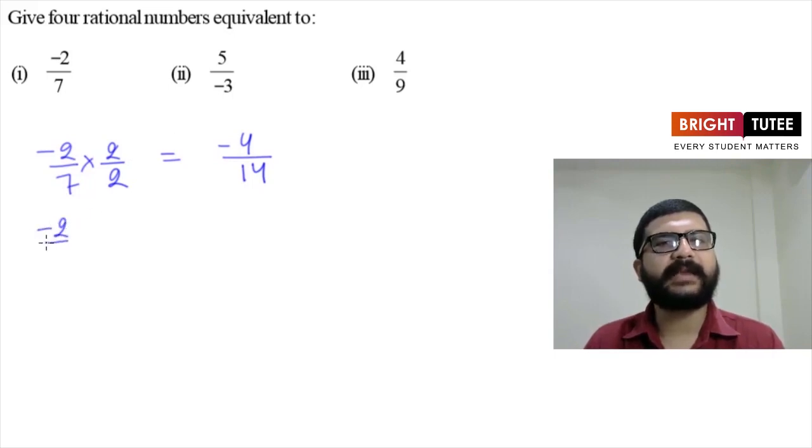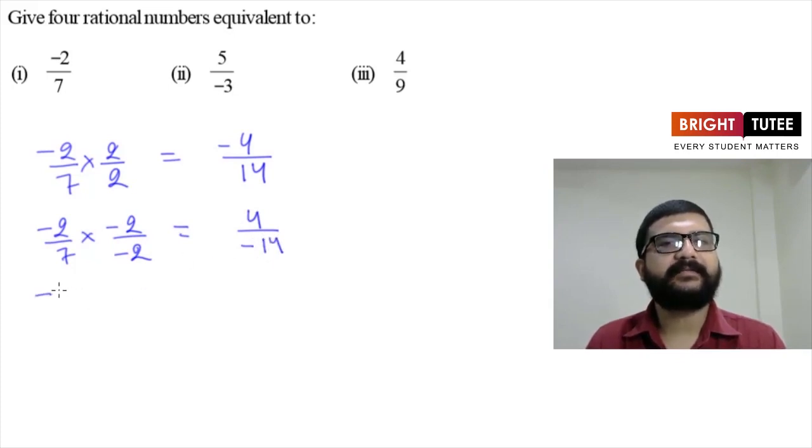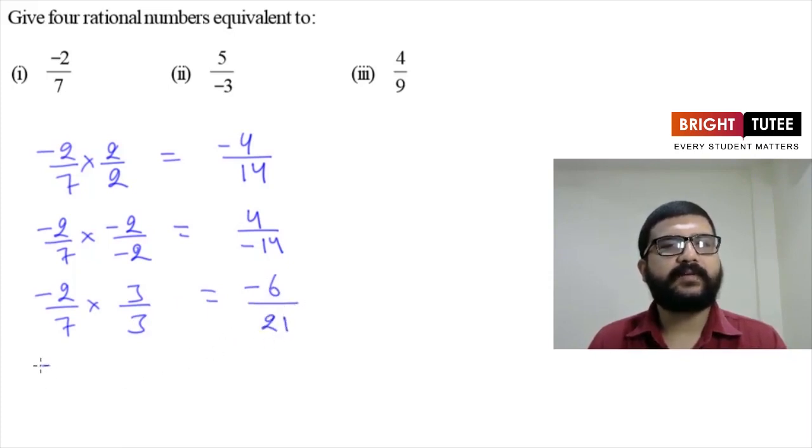Similarly, we can multiply it with minus 2 upon minus 2 also. Now this will give us 4 upon minus 14 and then we can do one thing, we can multiply this number with 3 upon 3. Now this gives us minus 6 upon 21 and now we can multiply it with 4 upon 4.